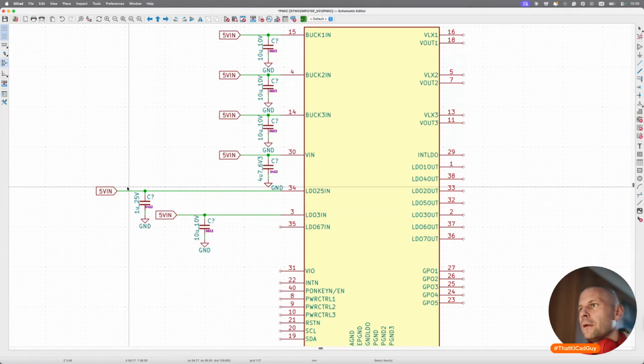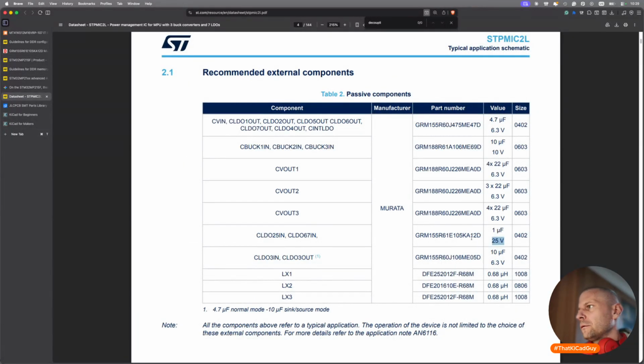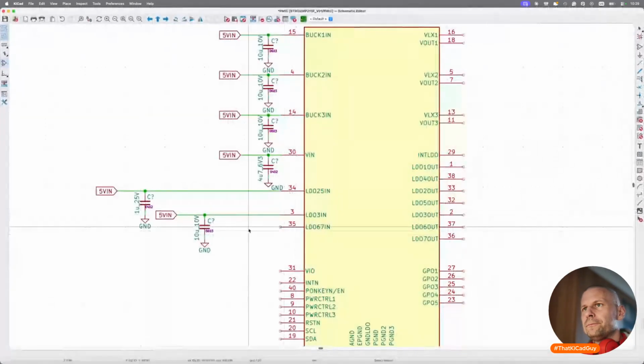And we say the LDO67, yes, 1 micro to 25.